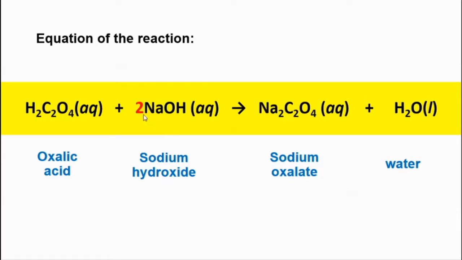However, if you look at the hydrogen atoms, here there are 2 moles of hydrogen atoms, but over here we have H2 and then 2H. So on the left side, we have 4 moles of hydrogen atoms, so that's why at the water molecule here we also need to multiply by 2. So this is the balanced equation.